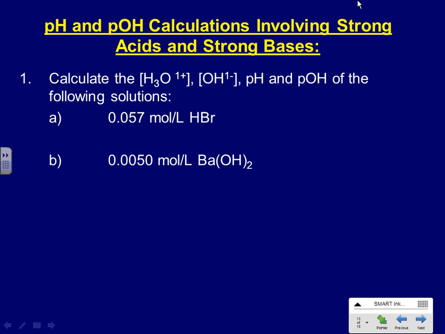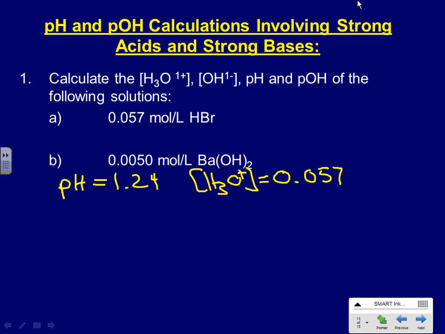What did we find that the pH was? pH is 1.24. And we know that the H3O+ is 0.057, right? Moles per liter. And what I want to do is find the pOH and the pH, because in many cases, especially if we're given OH, we've got to calculate it all.